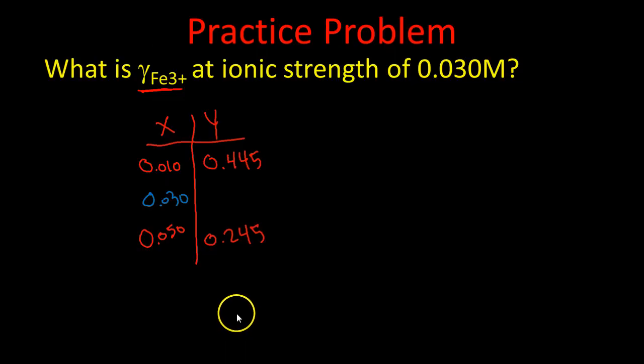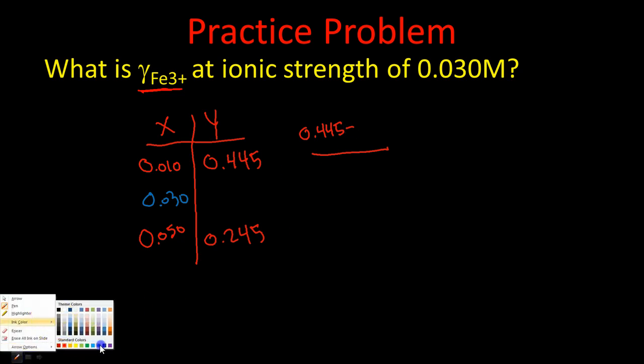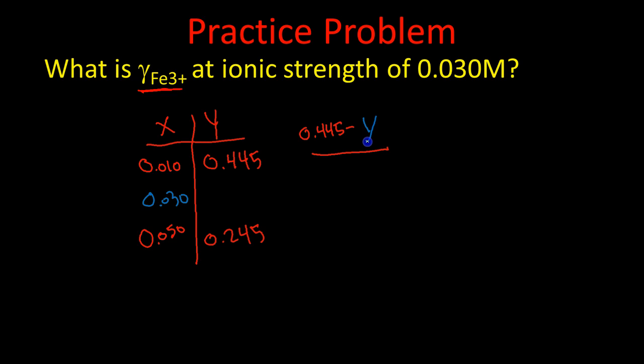We set up the difference between our known and our unknown. Our y is on the left: 0.445 minus y, which is our unknown, the one we're trying to solve for.